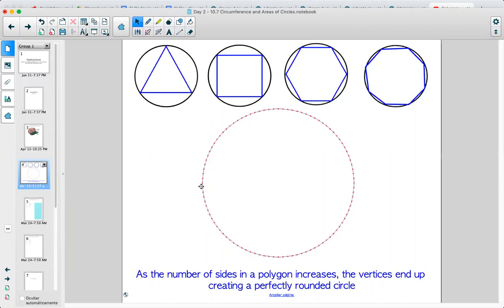A really important part is that mathematicians, when they were trying to figure out how we can find the area or circumference of a circle, realized that it's the same thing as if you found the area of a triangle, the area of a square, the area of a hexagon, the area of an octagon.